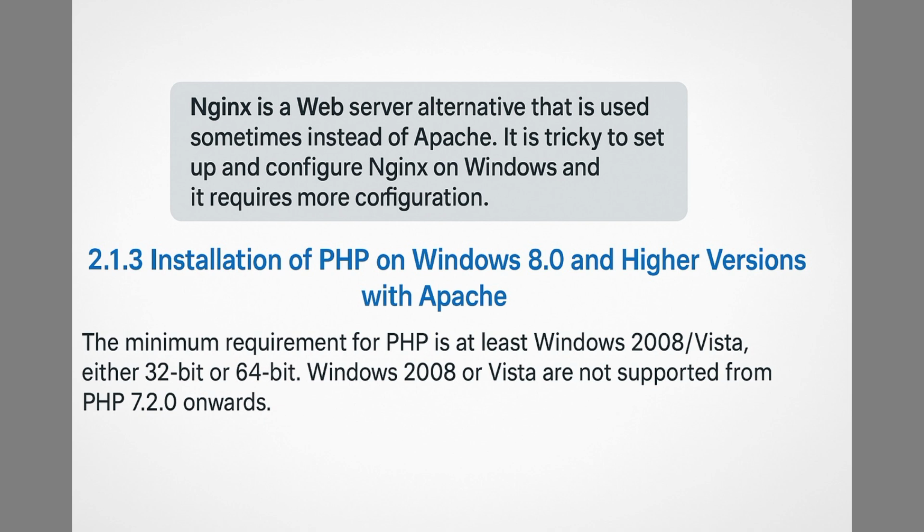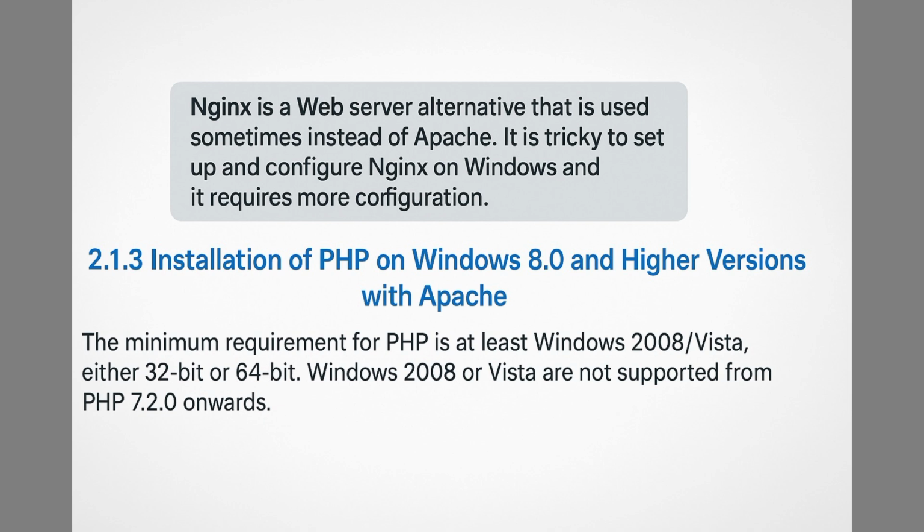2.1.3. Installation of PHP on Windows 8.0 and higher versions with Apache. When installing PHP on Windows, it's essential to check the system requirements first. The minimum operating system requirement for PHP is Windows 2008 or Windows Vista, whether it's a 32-bit or 64-bit version.